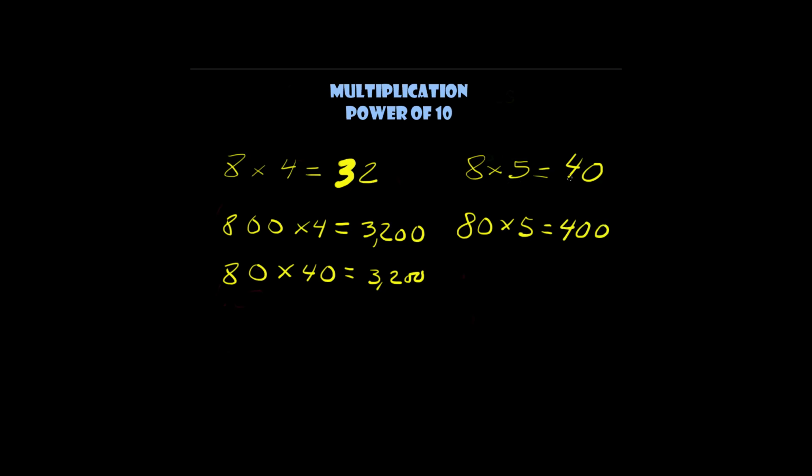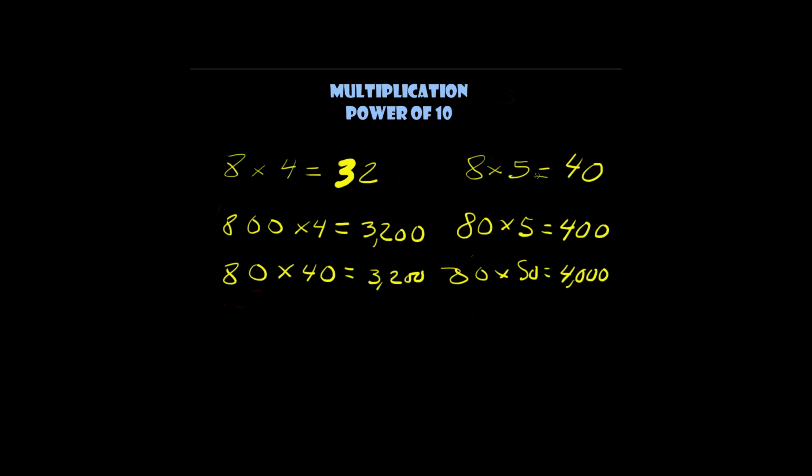So notice how this pattern is a little different than this pattern. So even if we did 80 times 50, 8 times 5 is 40, plus 2 more zeros, that answer is actually 4,000. So look how we have no zeros but 1, 1 zero, 2, 2 zeros, 3. Why?